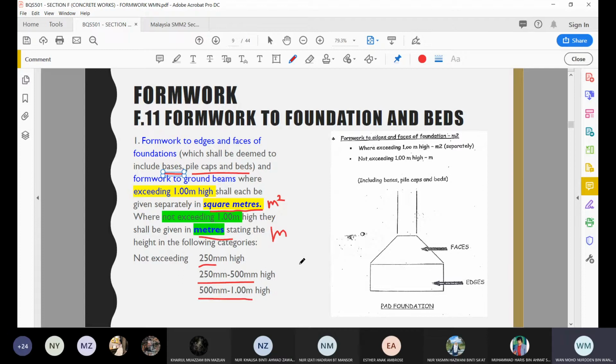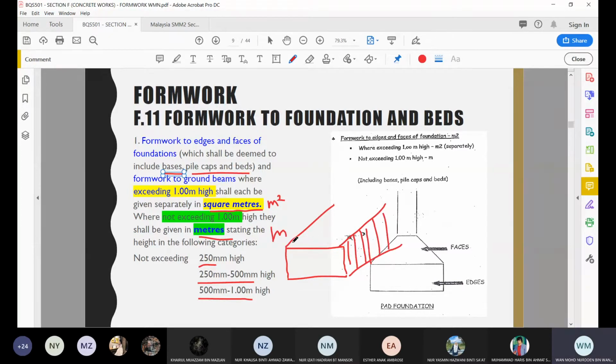Macam mana? Katakanlah kita nak buat foundation kan. Kita nak buat formwork to edge and faces of foundation. Katakanlah kita nak buat street foundation lah, street foundation. So kita akan buat dekat kawasan ni lah kan.